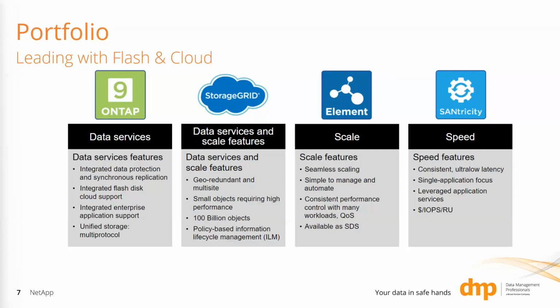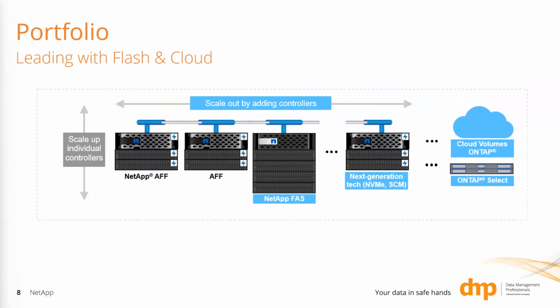If we look at the ONTAP system, which is the most used system as it is the Swiss Army knife, a controller is always highly available. It's everything double in the box, and you can scale pretty large vertically by adding flash or disks to a controller and expanding your capacity.